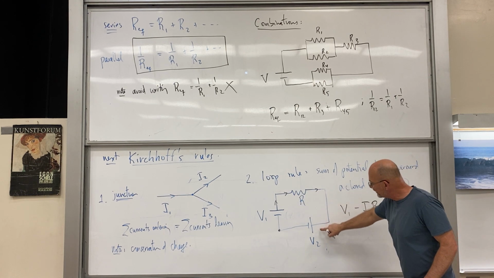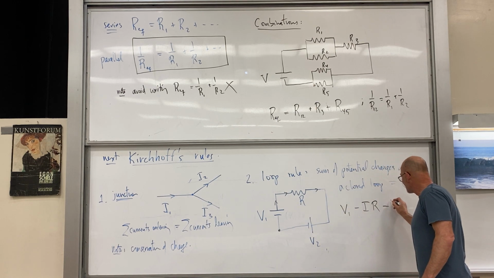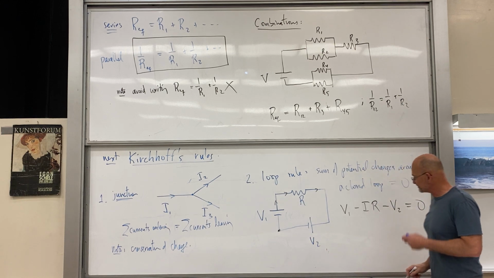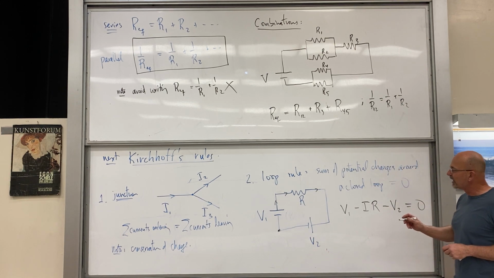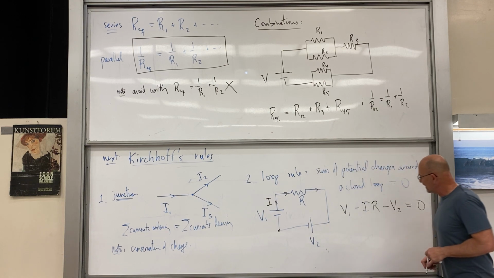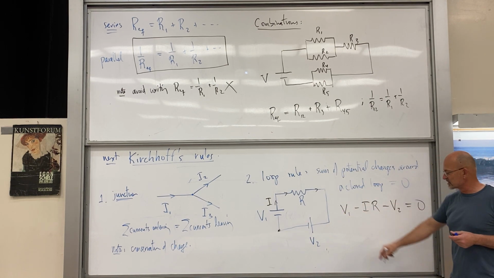Now when we cross this battery here, we're going from higher to lower potential, so we have minus V2, and then we made it back to the beginning. I drew the arrow with I here, and I'm taking the magnitudes of these potentials, delta V.